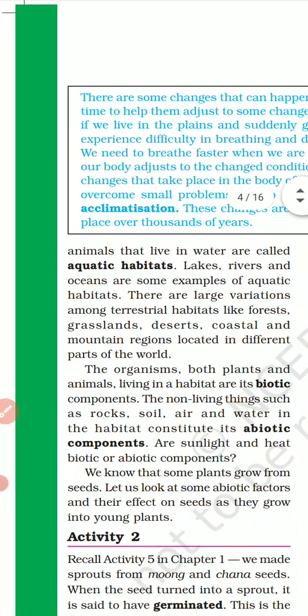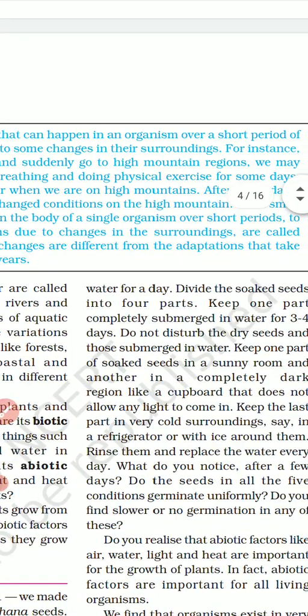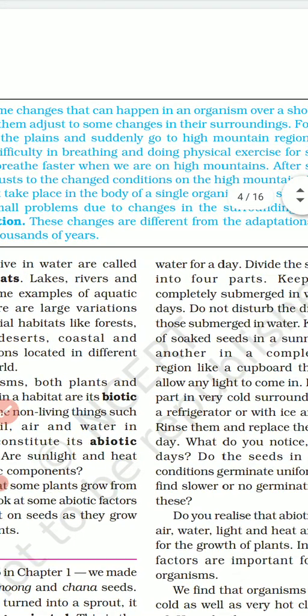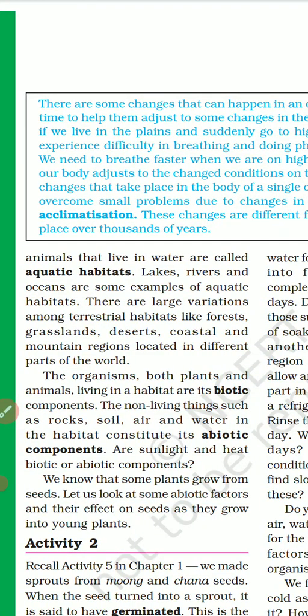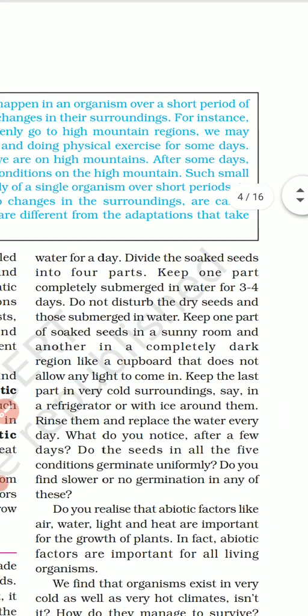We may experience difficulty in breathing and doing physical exercise for some days. We need to breathe faster when we are on a high mountain. After some days, our body adjusts to the changed conditions on the high mountains.